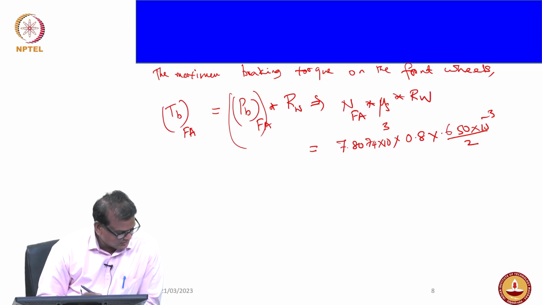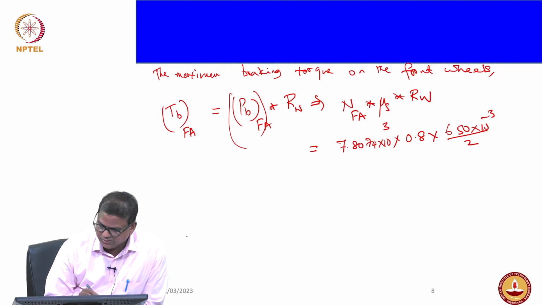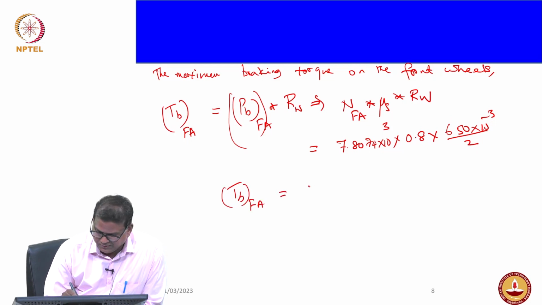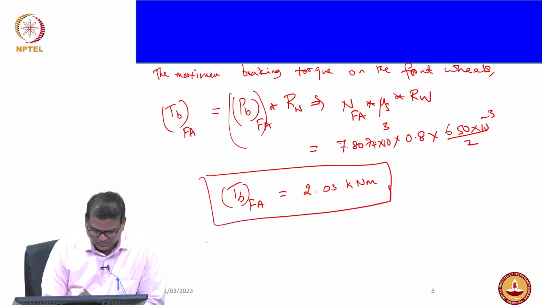Okay. So what is the torque you are getting? TB front alone, right? You should expect 2.03 kilonewton meter. This is the torque at the front wheels.